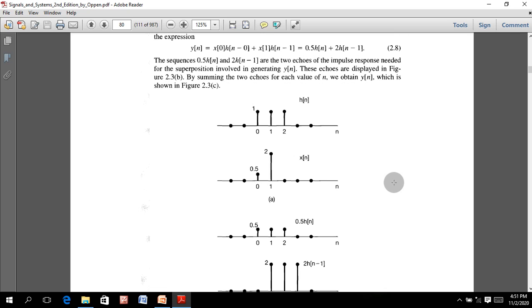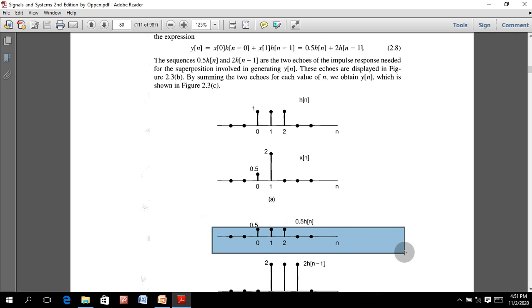So first we get 0.5 into h of n. The value of h of n is the impulse response. When you multiply it with 0.5, this is the result we get.